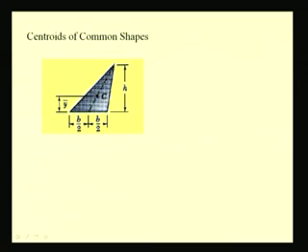Like for this picture, we have the centroid located along the axis, that is the angle bisector, and only we have to determine this y bar, which is in this case, if you find the integral, it will be h by 3.